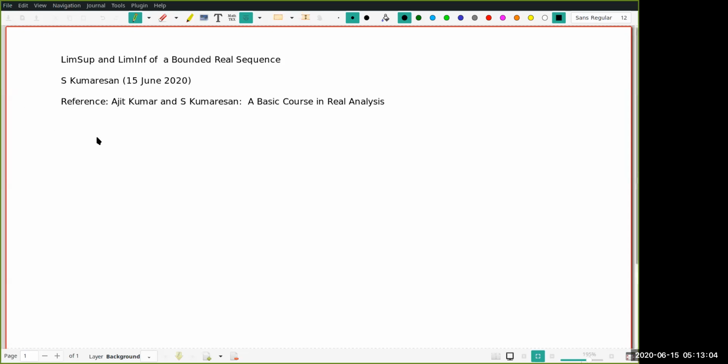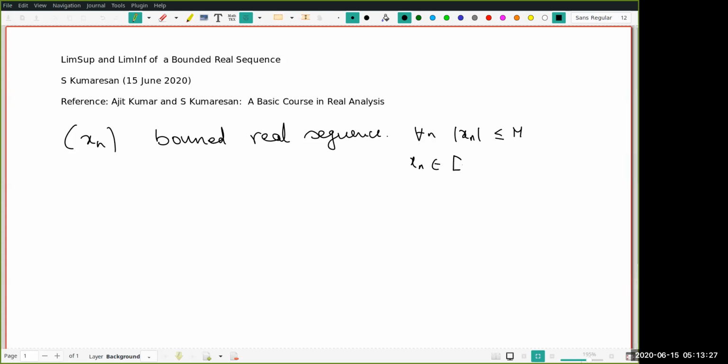I am given a sequence xn of real numbers, and I assume this is a bounded real sequence. Let us also assume that for all n, mod xn is less than or equal to M. That means xn's lie in the interval minus M to plus M.